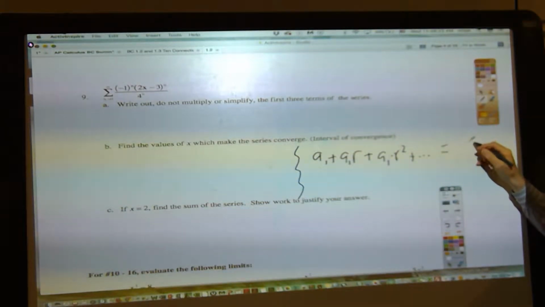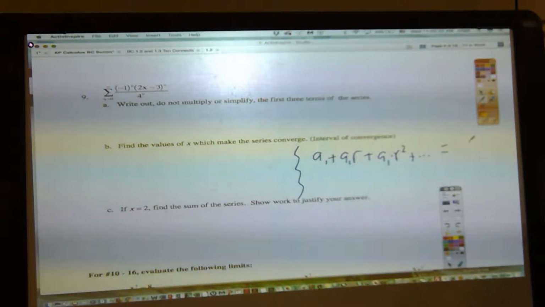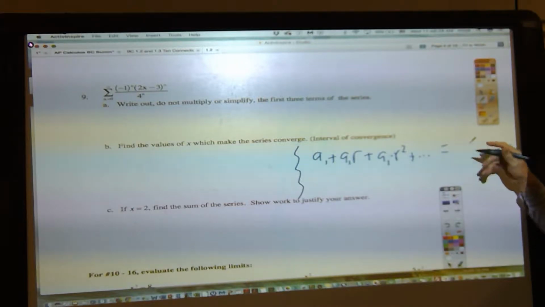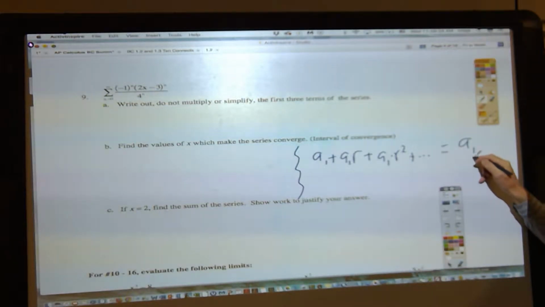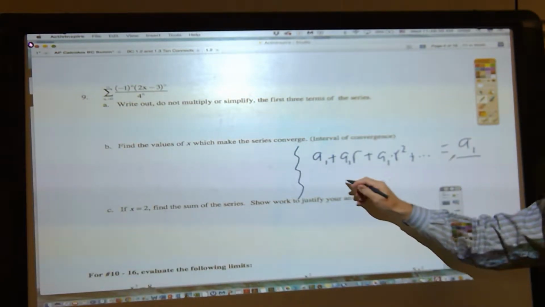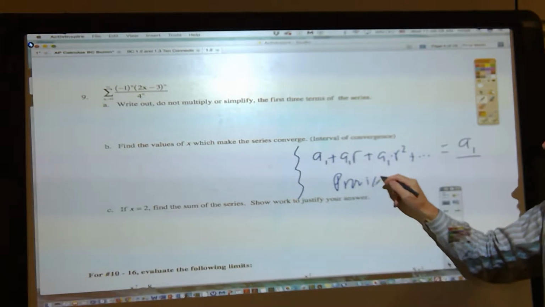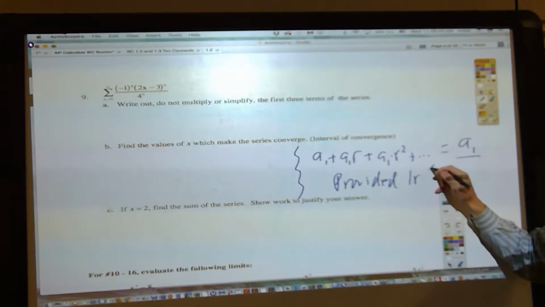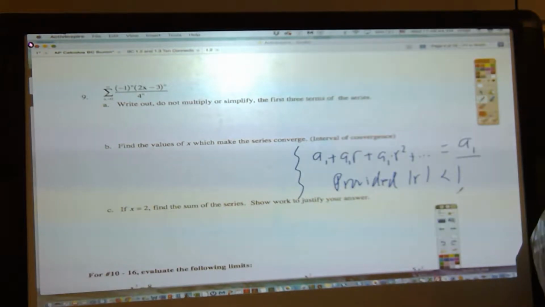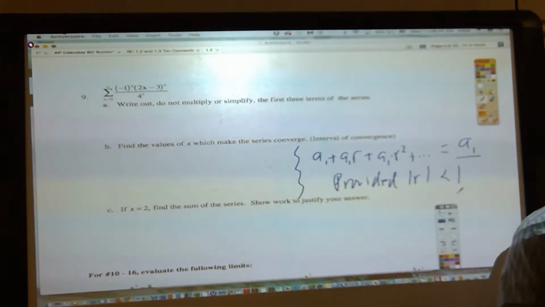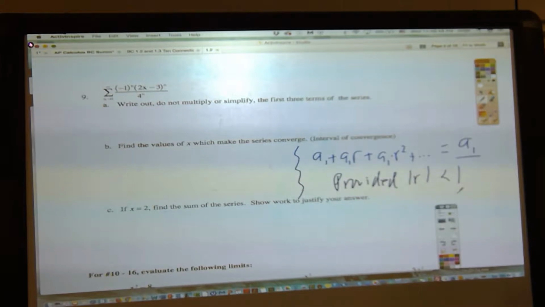And you probably remember from college algebra, I'm sure it came up, from pre-calc, that provided the absolute value of the common ratio r is less than 1, if that provision is satisfied, then what is the formula for the value of an infinite geometric series?